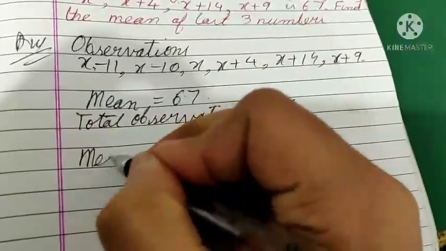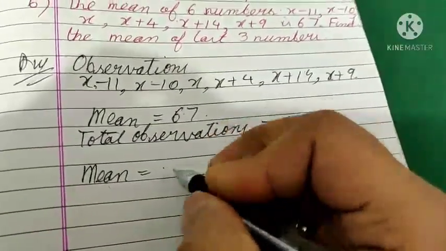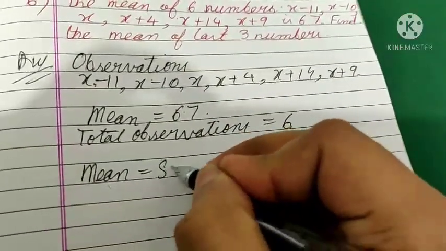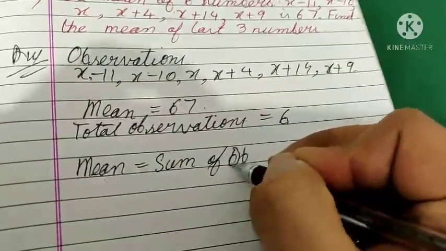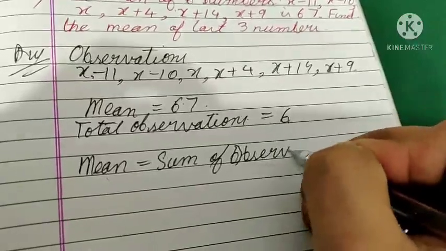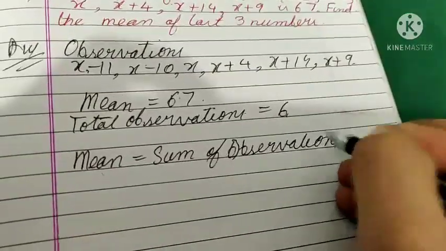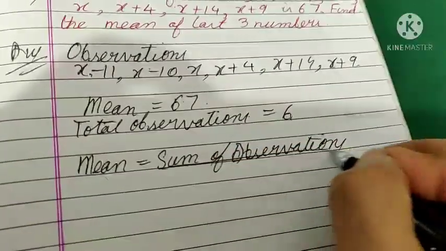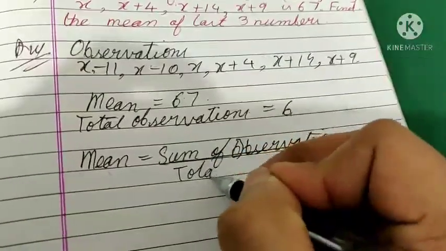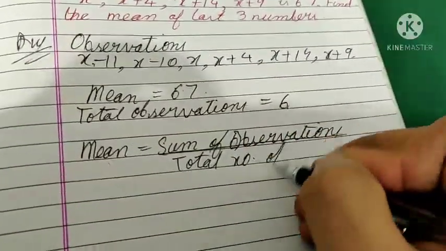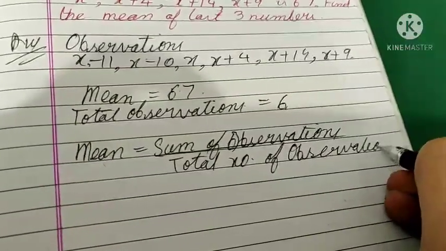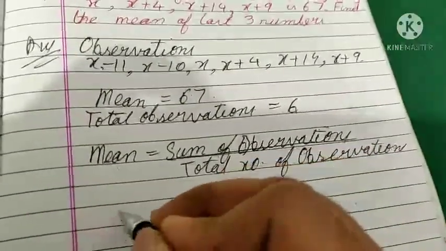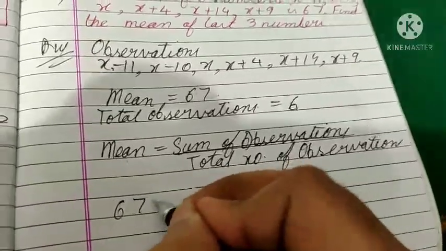So mean is equal to sum of observations upon total number of observations. So mean here is 67.